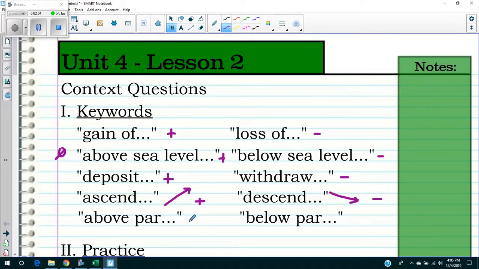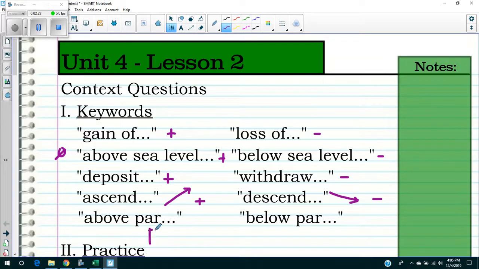Above par, so that's just a golf term. You won't see this very often unless you're really into golf. Real quick, to explain a game of golf: in golf, the higher the score is, the worse you're actually doing in the game. If you look at a golf course, sometimes they have something called a par.